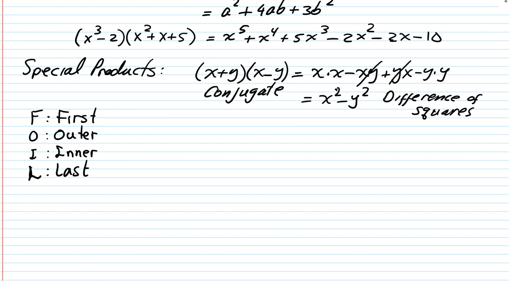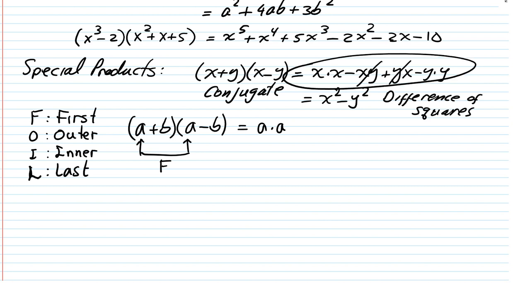So this is a reference to, let's do this, a plus b, a minus b. With respect to the position a, b appear in the 2 binomials, these are the first 2 terms, right? So there's F. So we multiply a times a. Notice I just changed my x and y to a and b, but I'm doing exactly the same thing I was doing here. And then the O stands for the outer terms.